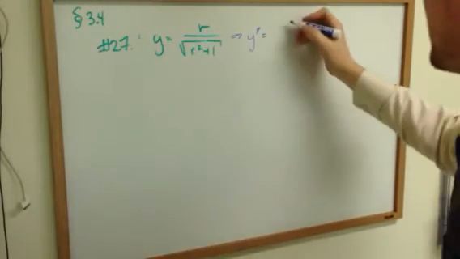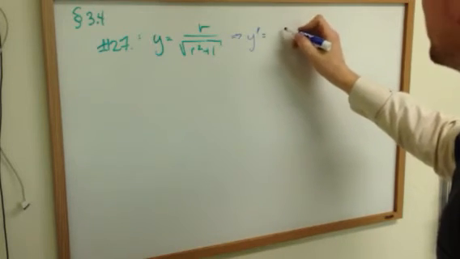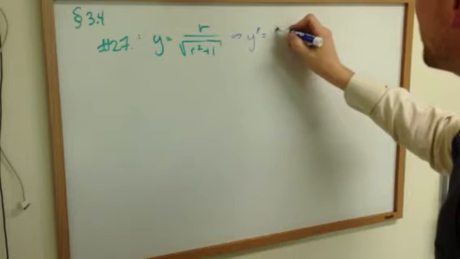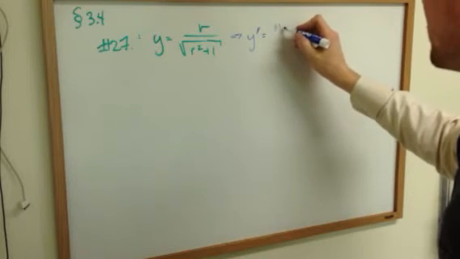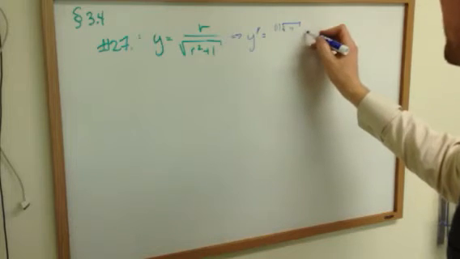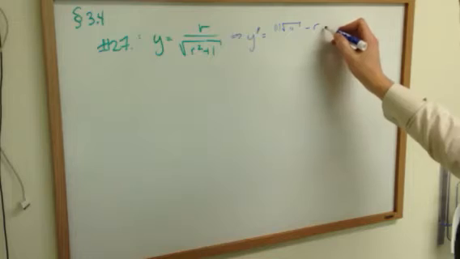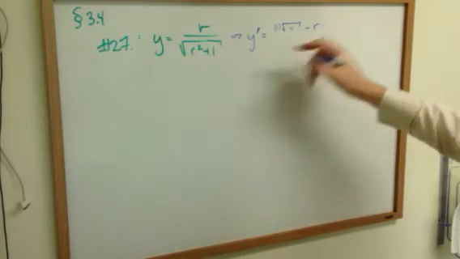So I think I'm looking at a product rule. Product rule, check it out. It's the derivative of the first function, which is 1, times leave the second function alone. I'm just going to put a ditto there. Minus the first function times the derivative of the second function.